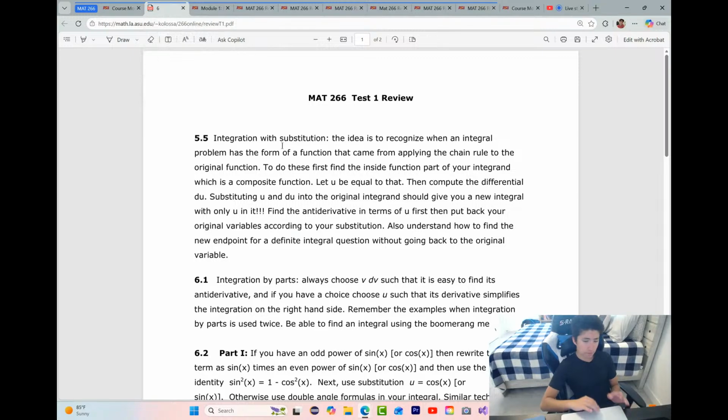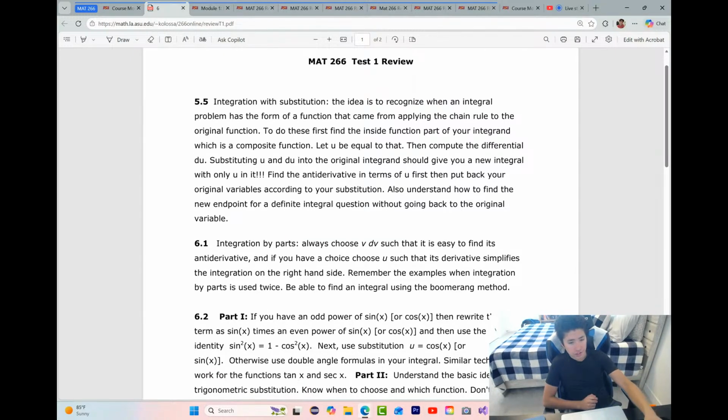So here we go. Let's begin with reading our test review. Math 266, test 1, review. Integration with substitution. The idea is to recognize when an integral problem has the form of a function that came from applying the chain rule to the original function. To do these problems, first find the inside function part of your integrand, which is a composite function, and let u be equal to that.